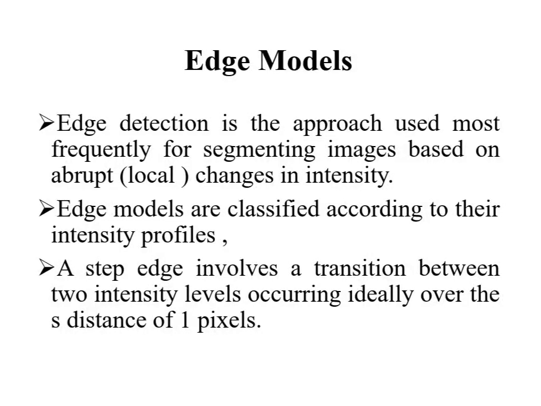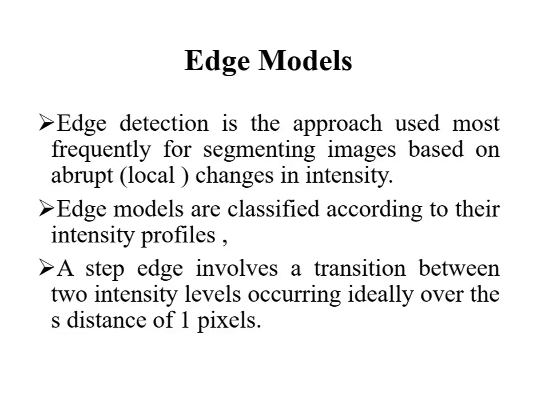Roof edges are models of a line through a region, with the base width of the roof edge being determined by the thickness and sharpness of the line. In the limit, when its base is 1 pixel wide, a roof edge is really nothing more than a 1 pixel thick line running through a region in an image. Roof edges arise, for example, in range imaging when thin objects such as pipes are closer to the sensor than their equidistant background, such as a wall.